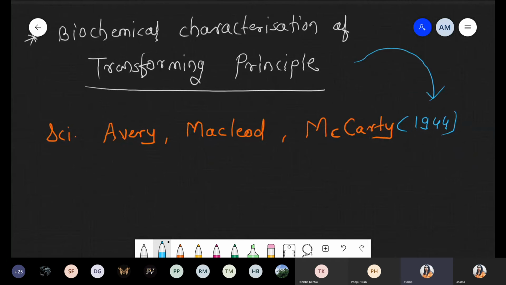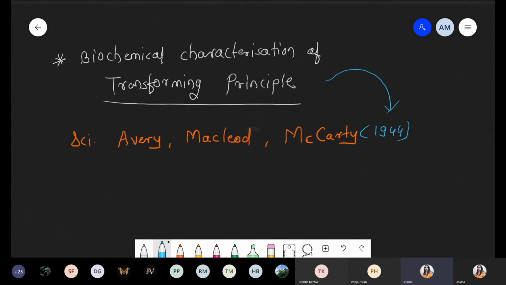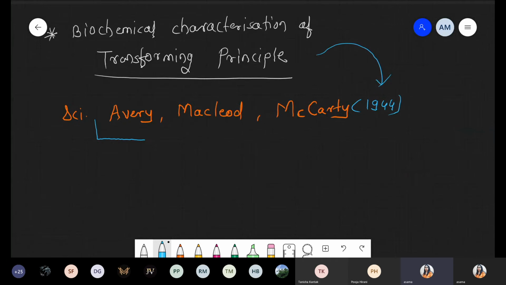Now what happened? To prove that chemical nature, the three scientists, Avery, MacLeod and McCarty, isolated DNA, RNA, protein and carbohydrate from the S3 strain.